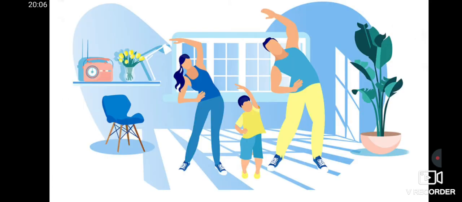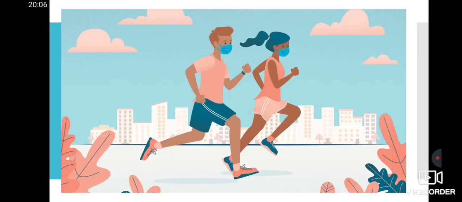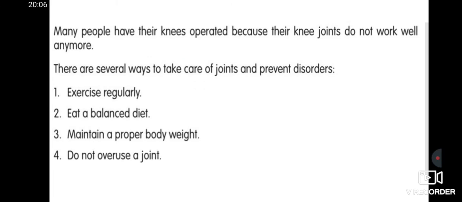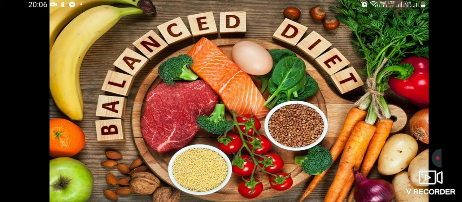We should exercise regularly so that our joints can move and become flexible. Eat a balanced diet. We should eat a balanced diet so we will be healthy and we can keep our joints healthy.